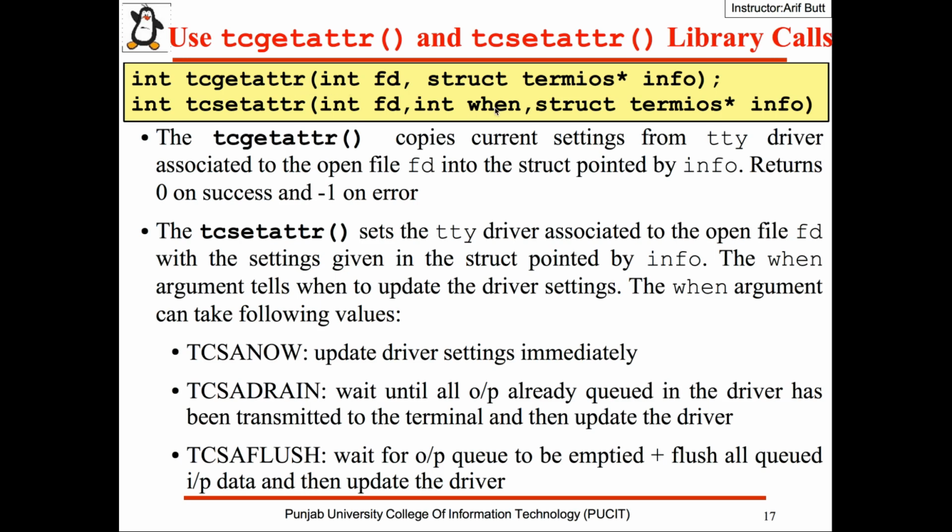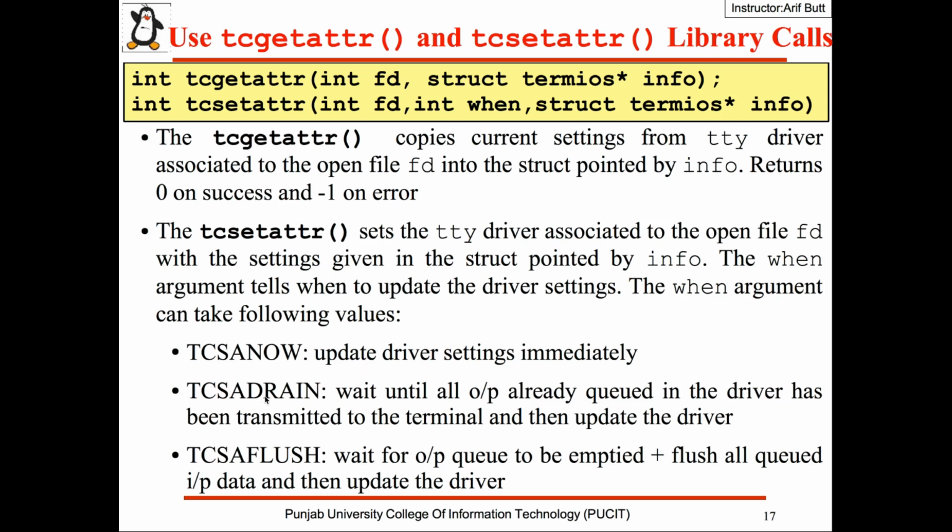In case of tcsetattr, this second argument is when, and this argument tells the system when to update the driver settings to this actual termios structure. And this when argument can take three different values. The first is TCSANOW, which says update the driver settings immediately.